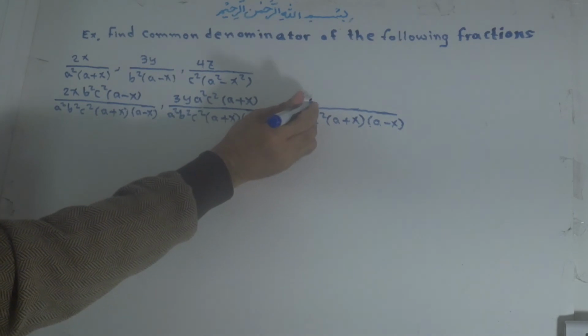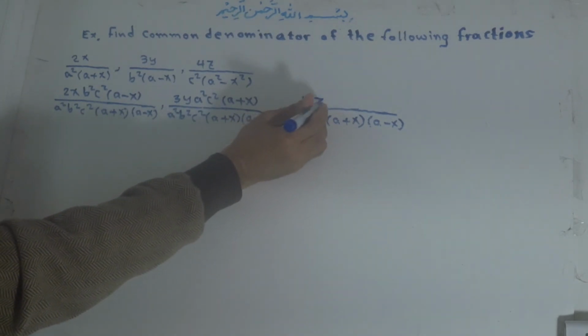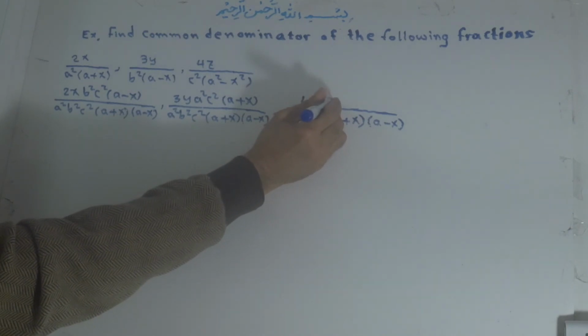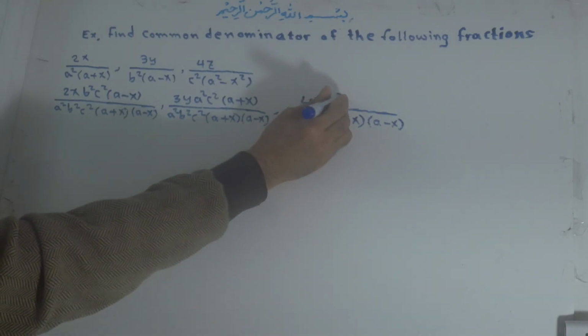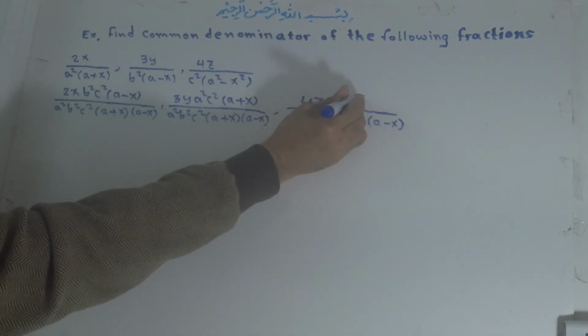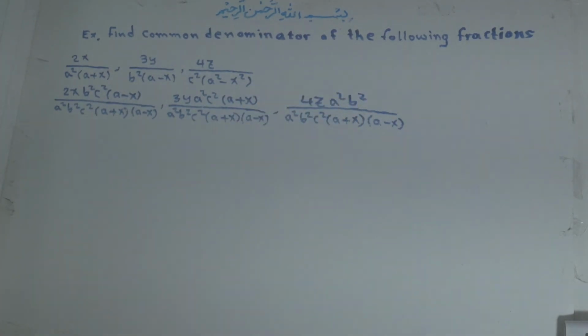The numerator is 4z. That is the numerator. So now we found the common denominator of these three fractions.